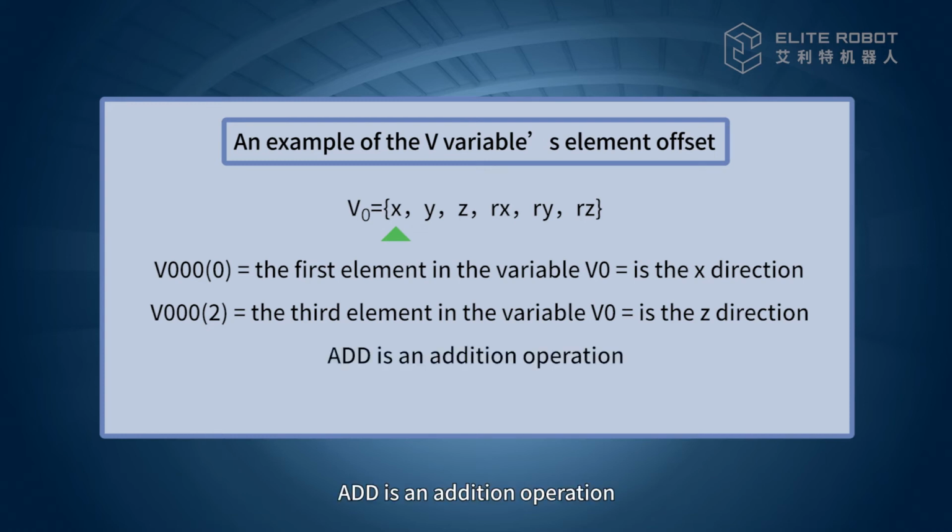Add is just an addition operation. Therefore, add v000 parentheses 0 parentheses 60 means to move the v variable forward 60 millimeters in the positive direction of x in the base coordinate system.